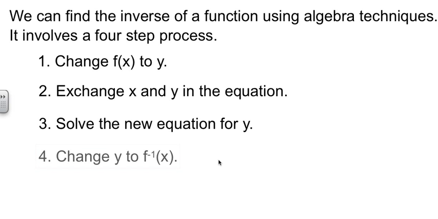And then finally, change your y, because it was a function notation to start with. We have to change it into an inverse function notation. Remember that -1 power? That means inverse. So we have to switch it to inverse function notation.